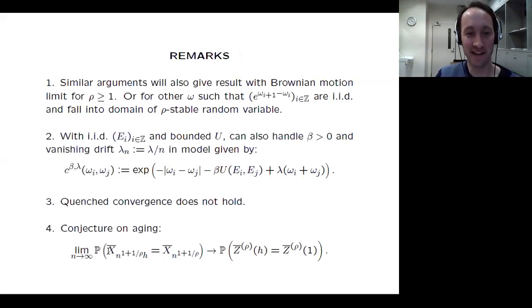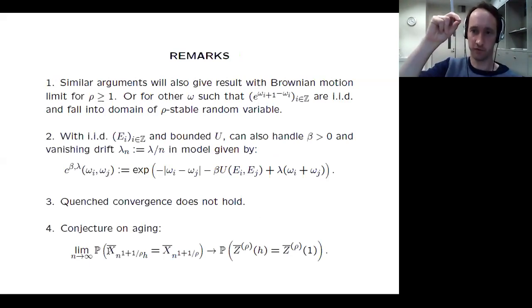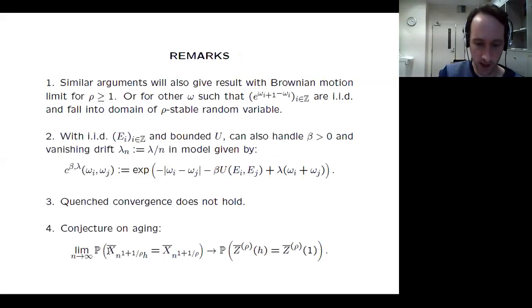The usual conjecture on aging that you see for models like the Bouchaud trap model, where you're trapped at a site for a long time before you move, would be exactly the same statement.